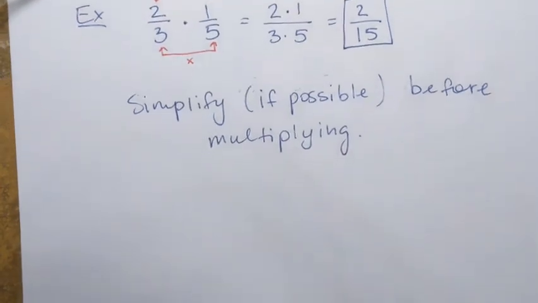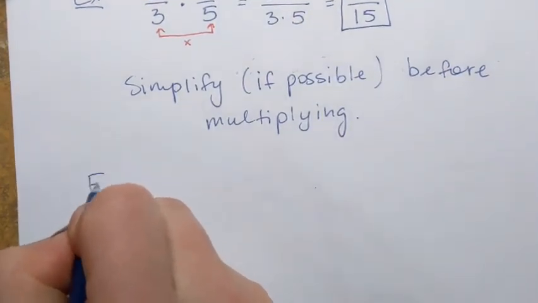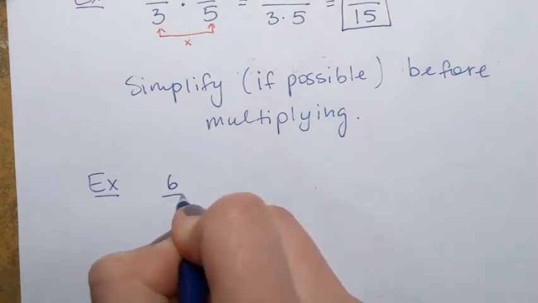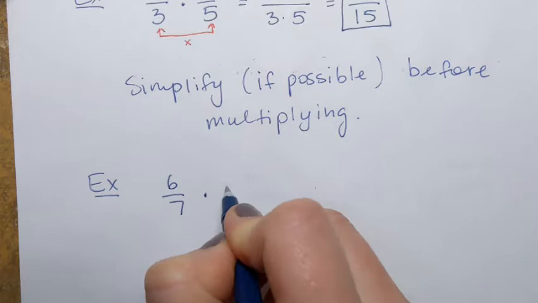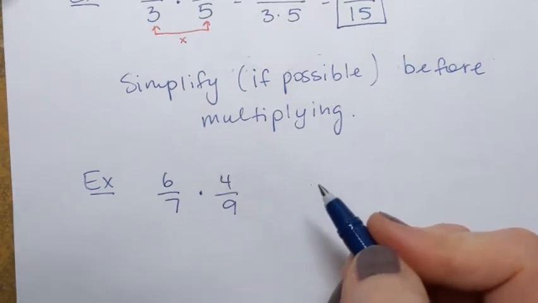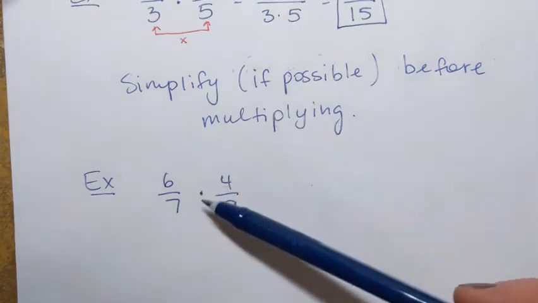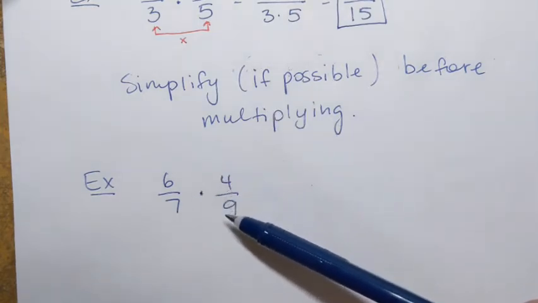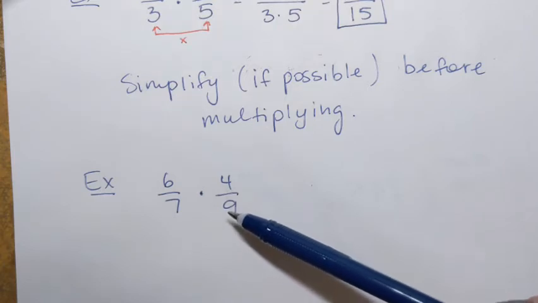Here's an example of how that happens. So next example, we have to multiply 6/7 by 4/9. When I look at those two fractions, I can see that there's one number in the numerator that can be simplified with one number in the denominator.